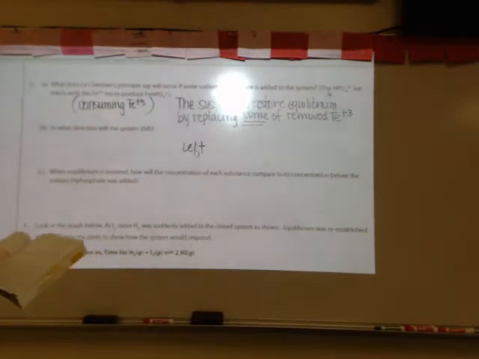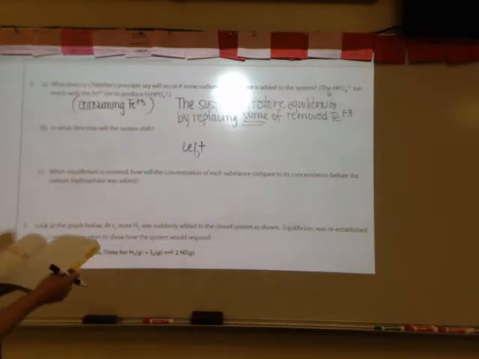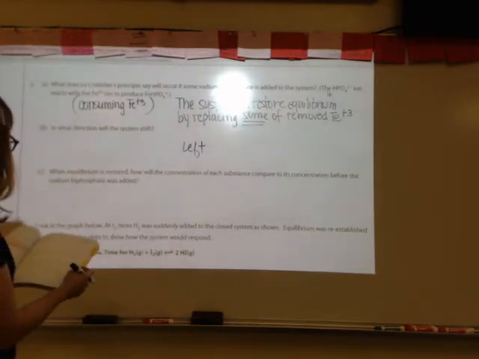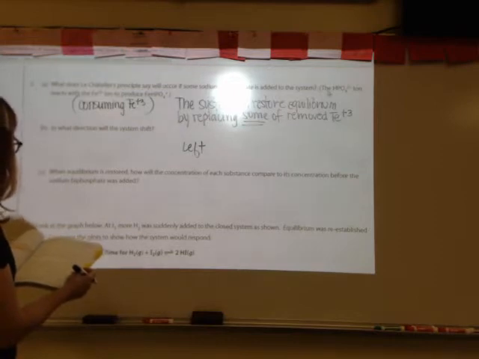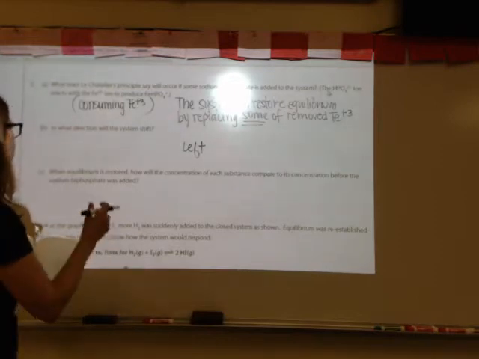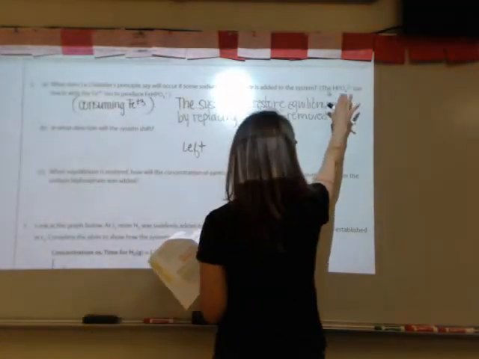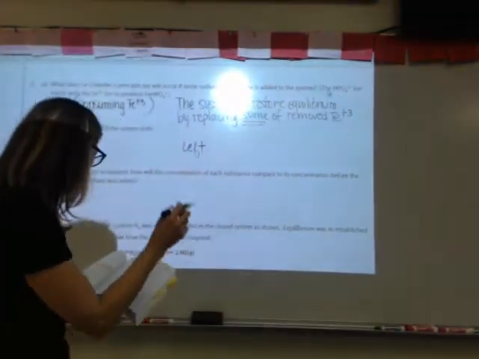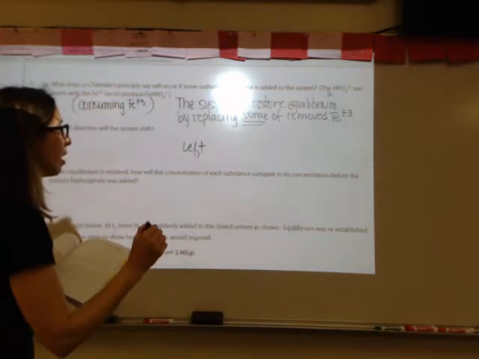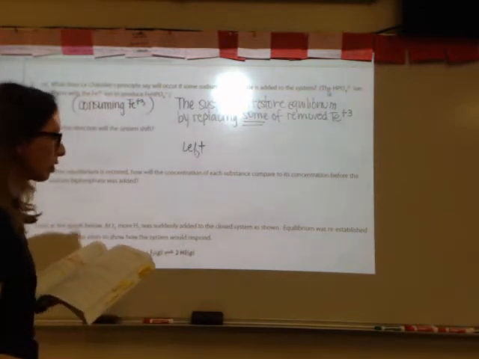C. When equilibrium is restored, how will the concentration of each substance compare to its concentration before the sodium biphosphate was added? Okay, since I was removing Fe+3 by adding HPO4, that means the concentration came down. I restored some of what was lost.